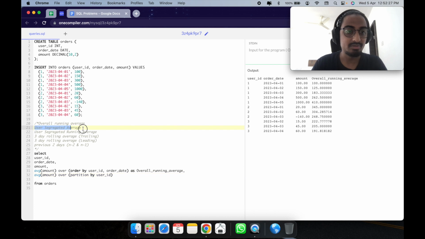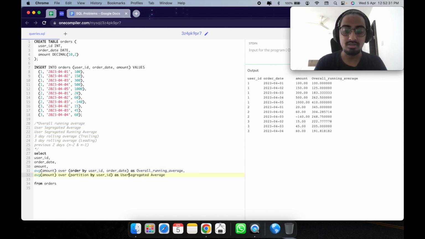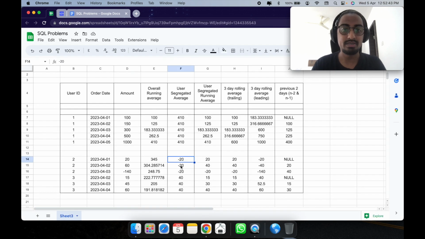So let me just copy this. Alright. So everything is done. Right. It's 410, minus 20 and 40. So here again it's 410, minus 20 and 40. Yeah, this also works. It's the overall average per user.